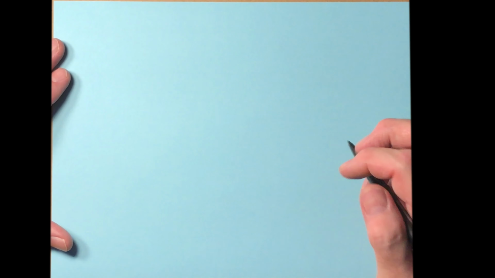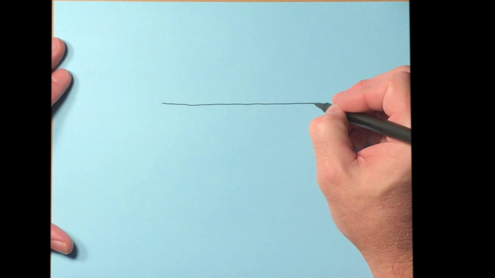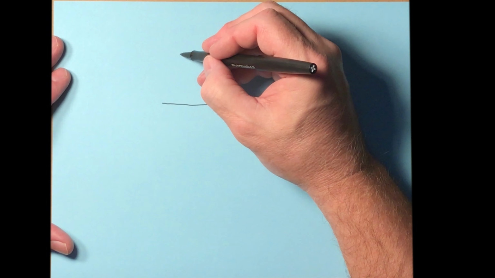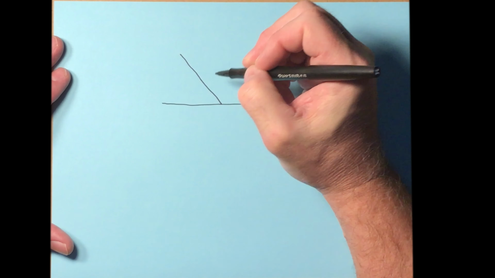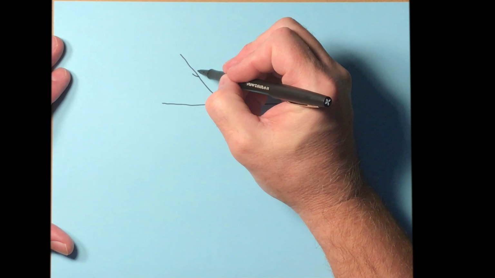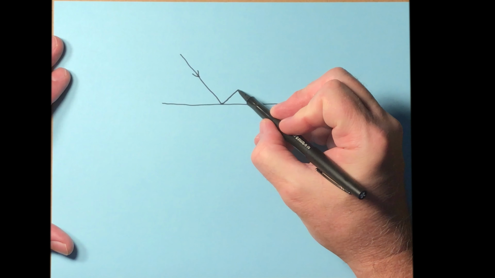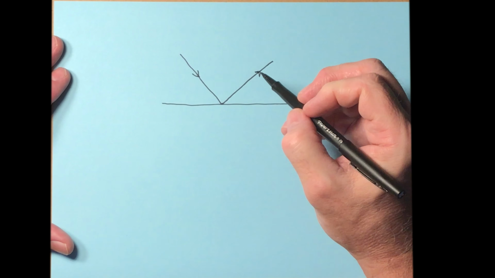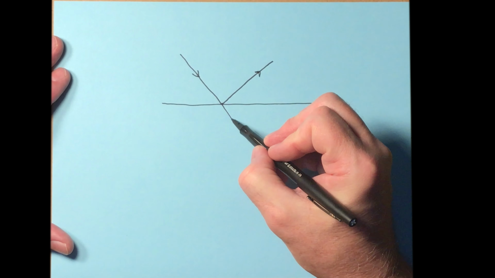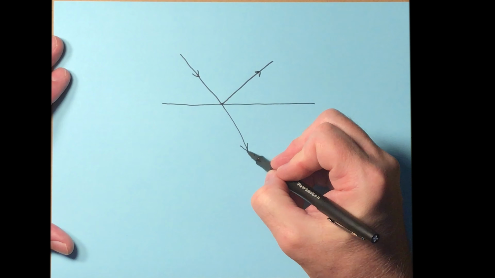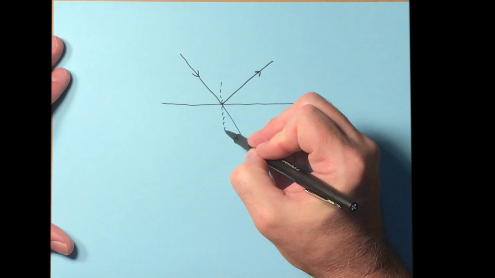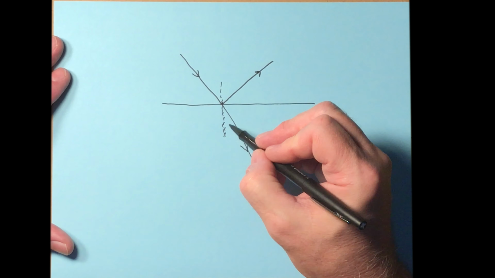Now I said that reflection and refraction occur together, and they do. So oftentimes what will happen is at an interface, you'll have an incident ray coming in, and some of that will reflect off at the same time that some of it will be refracted down in this direction. Okay, that's not necessarily a straight line there.